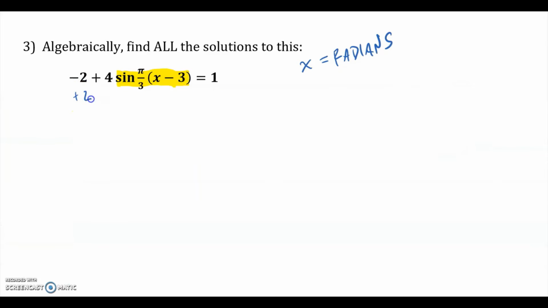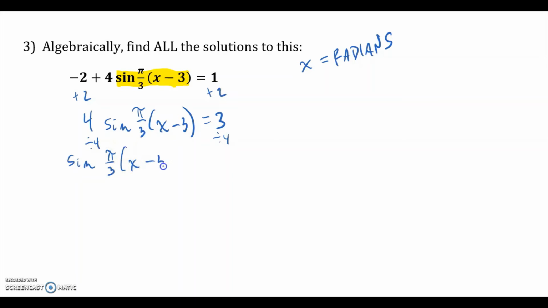So first add 2. So I got 4 sine of pi over 3 times x minus 3 equals 3. Then divide by 4. So I have the sine of pi over 3 times x minus 3 equals 3/4.